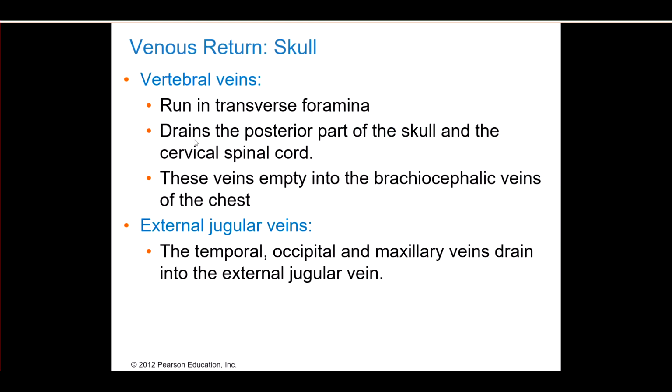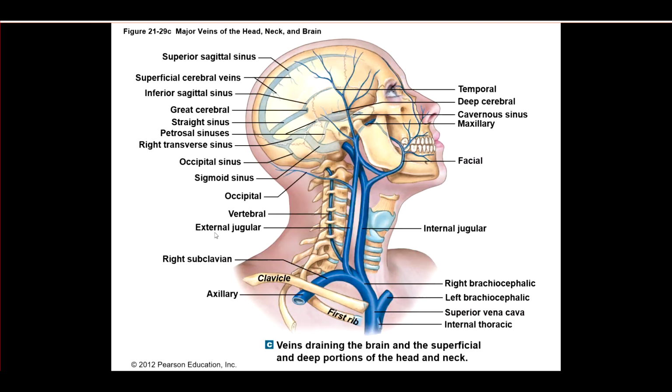Okay. The other veins that are going down through the neck are the external jugular veins. These are going to receive veins that are more superficial. So watch this, guys. I'll show you this here. This blood vessel here is the external jugular vein.